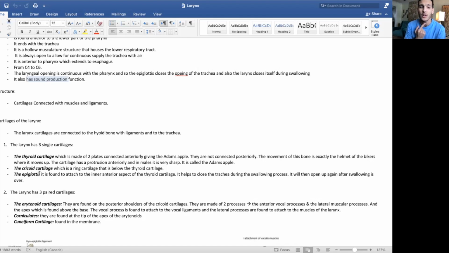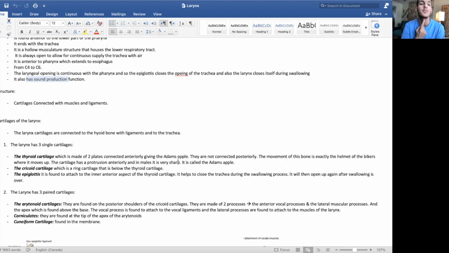This is called the cricoid cartilage, and then the epiglottis is found more on the inside in relation with the thyroid cartilage, that helps in this blocking situation. Okay, so the thyroid cartilage is made up of two plates. You see that these are plates 1 and 2, and they're connected anteriorly, giving the Adam's apple.